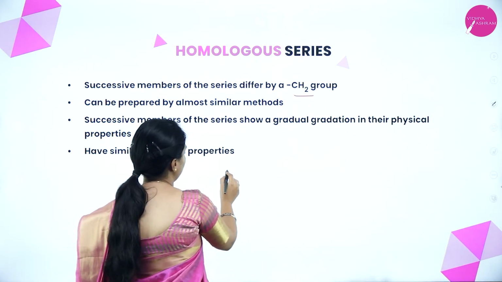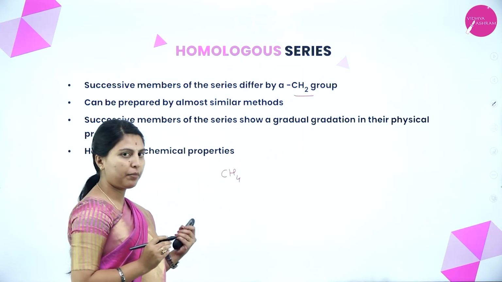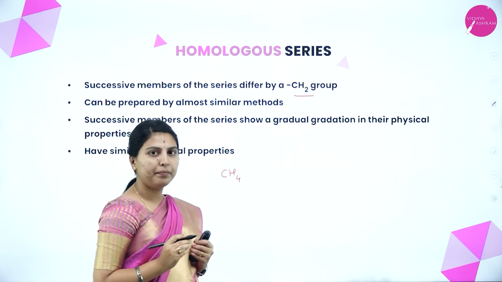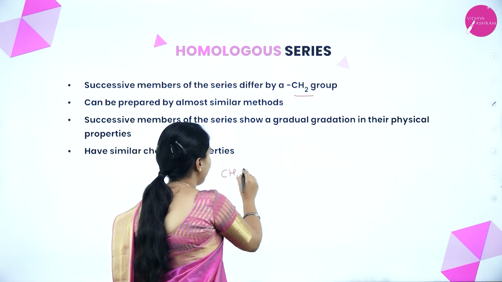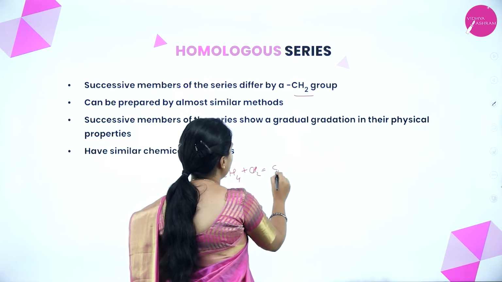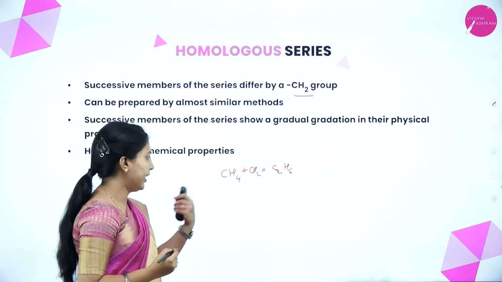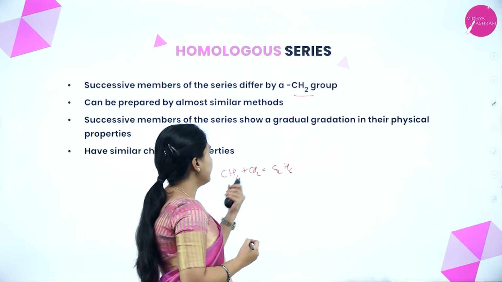See here, CH4. If a single carbon atom is there, that is methane. If you add CH2 to this, it becomes C2H6, the next compound, ethane.